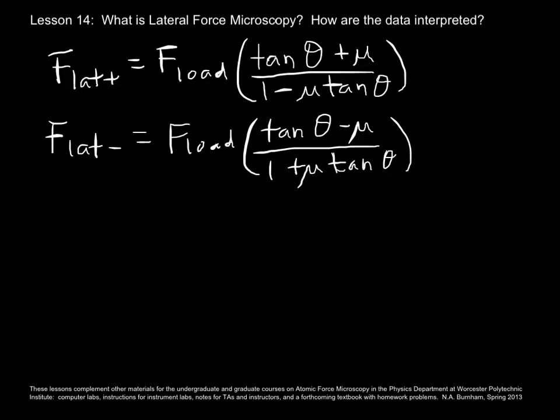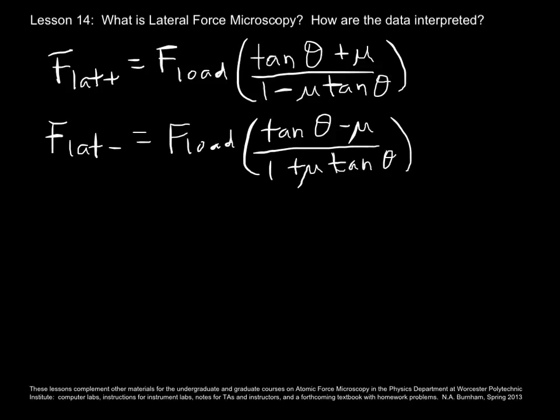Note that they're very similar, but they're not quite the same. In the numerator, we have plus the coefficient of friction for the top one, and minus the coefficient of friction for the bottom one. In the denominator, the opposite. First we have minus, then we have plus.